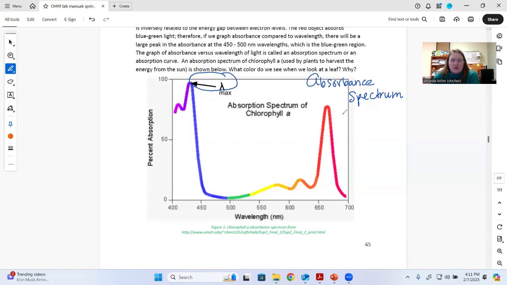So a standardization curve is when you take the concentrations of known samples, and that's going to be your x-axis, and the absorbance is going to be your y-axis.